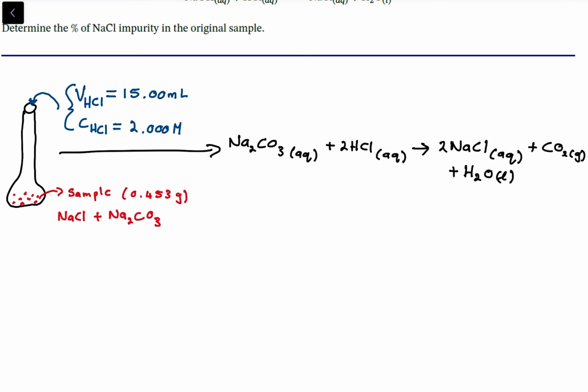We have our sample, we add some very concentrated acid, but a specific amount of it, and what we know is that there is a base in there, the sodium carbonate, and we add enough acid that we know all of the base in that sample would have reacted with it.